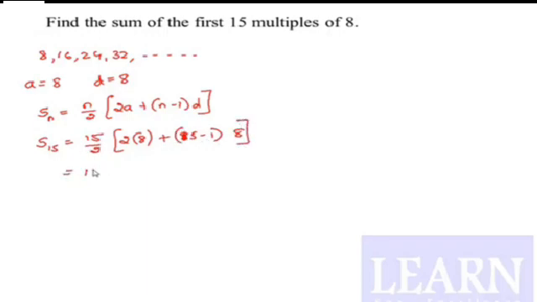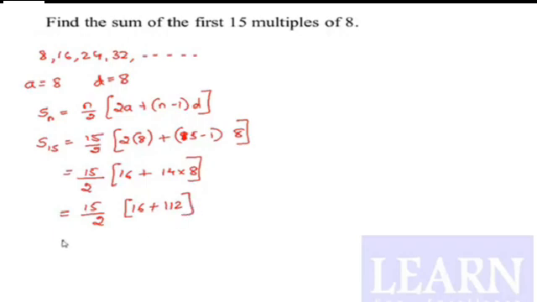Since 15 is an odd number, we'll keep it as it is. 15 by 2 into 16 plus 15 minus 1 is 14 into 8. 14 eights are 112. So 15 by 2 into 16 plus 112, which is equal to 15 by 2 into 128.